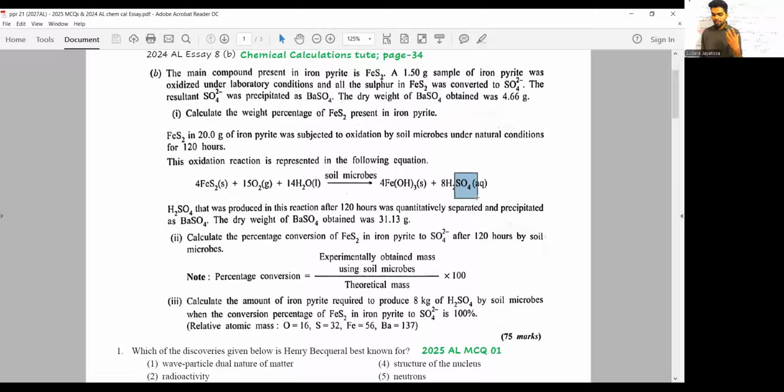You can do this in several ways, but let's find out how much FeS2 in the sample was actually converted into sulfate. That's what they're asking. I'll explain that on the board, and at the end I'll show this question part again and tell the same thing one more time.